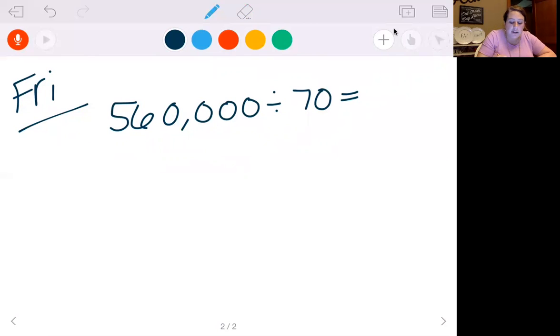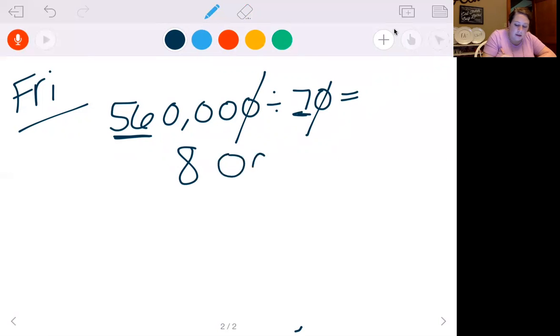I have this 0, cross it out with this 0. Now I can divide 56 and 7. I know 7 times 8 is 56. So 56 divided by 7 is 8. I have 1, 2, 3 zeros to add. So I get 8,000. And if I wanted to check that, I could do 8,000 times 70.